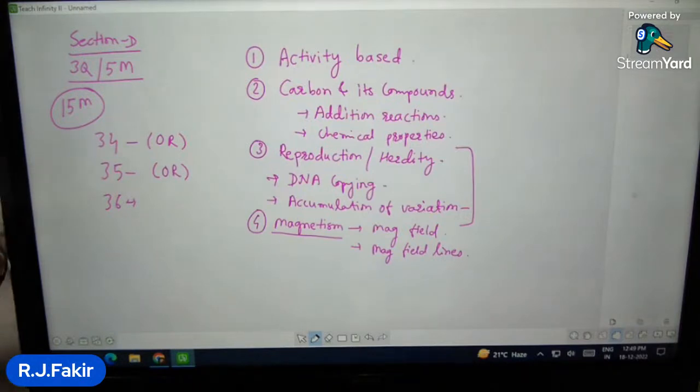So these are the important topics for this 5 marks one.